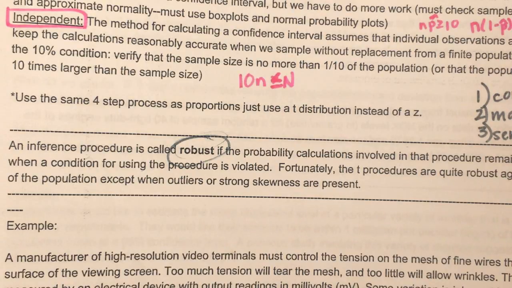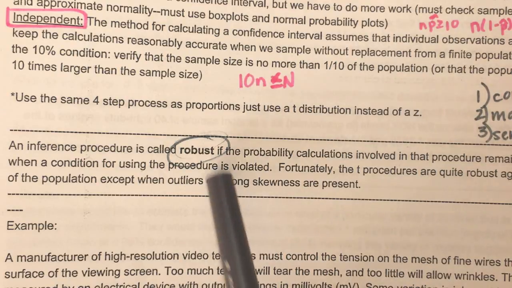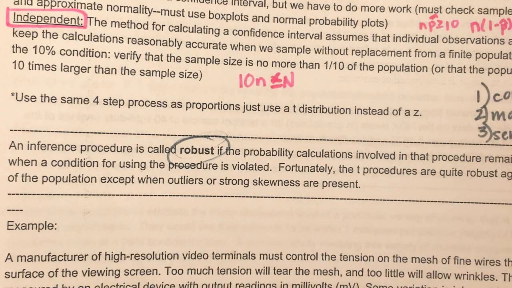It wasn't random. It didn't meet the independence condition. It wasn't normal. Then maybe you do the math anyway, but your answer might be sort of close because of this robust feature. But anytime I don't meet the conditions, I put a little note: conditions not met, but continuing on. When we don't meet the conditions, can we actually trust the math we're doing? It turns into quite the debate.